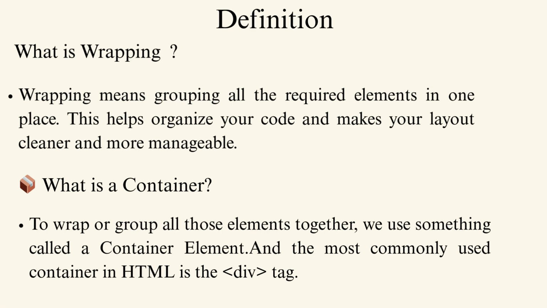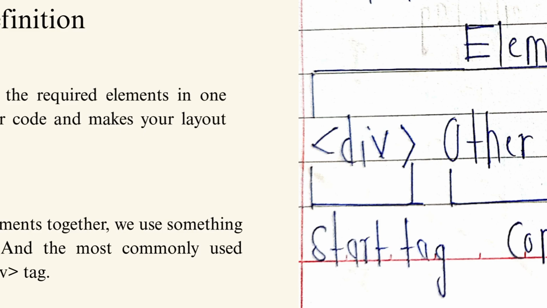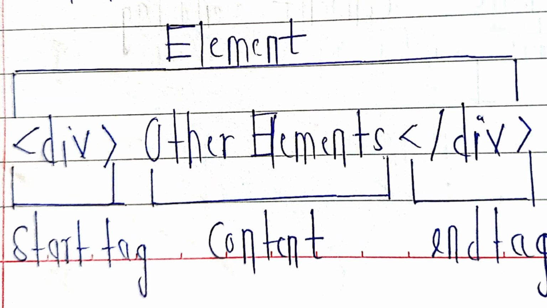And the most commonly used container in HTML is the div tag. So basically, if you have headings, paragraphs or buttons that belong together, you can wrap them inside a div. This makes styling and positioning those elements easier with CSS.